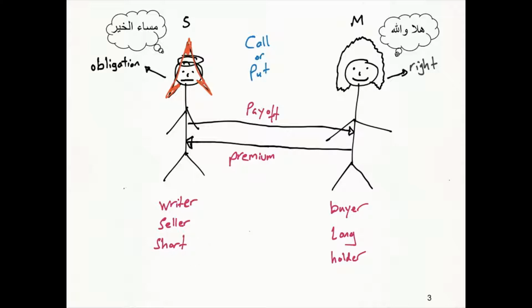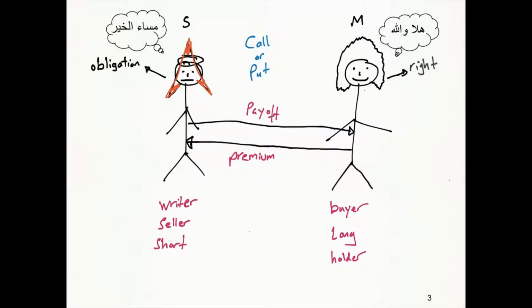Now, why is it important to differentiate between Mr. M and Mr. S? Well, because in terms of when the cash flow takes place and what happens later on depends on the position of each investor.